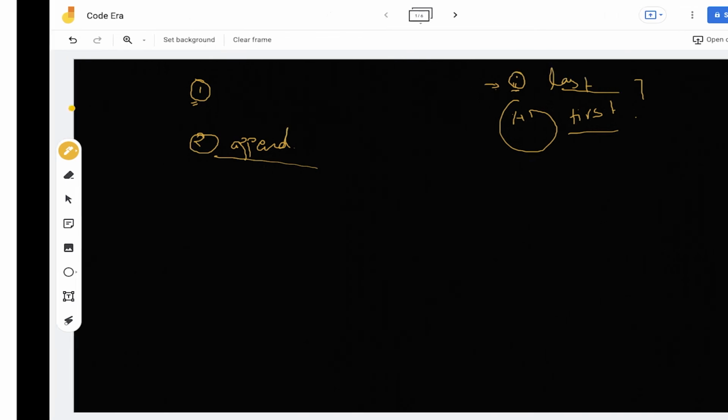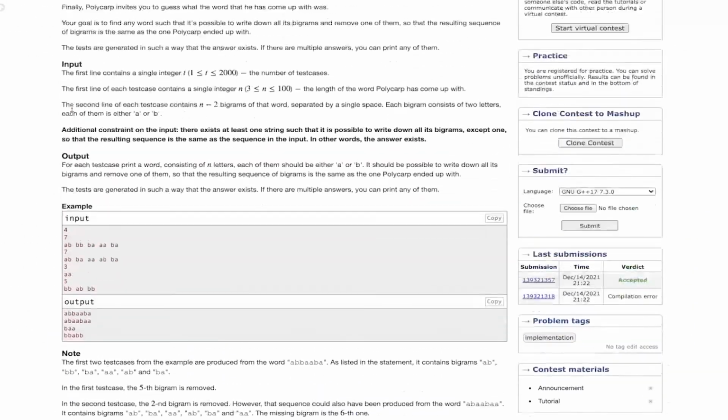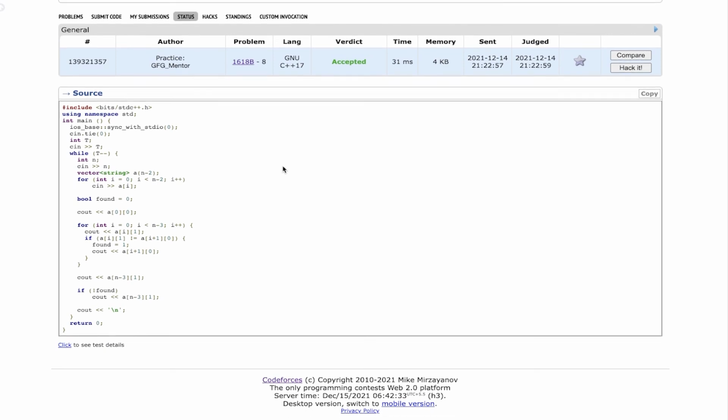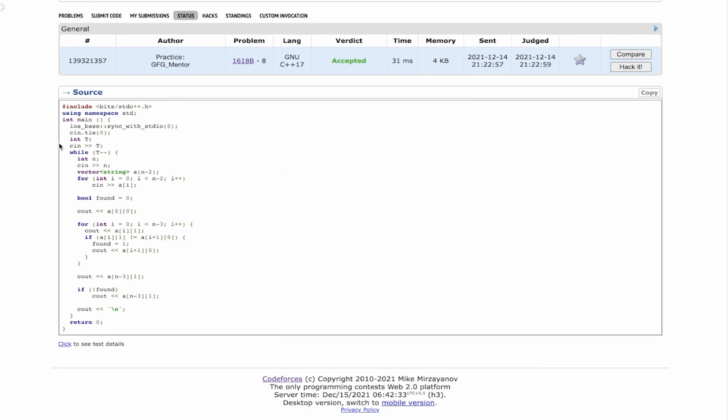Okay, now let's see the implementation part. This is basically an implementation question. Now let's see the solution part. In the solution, first I have taken the input t, and then I have iterated over all the test cases. For each test we are given the length of the word, and after that the sequence of bigrams, n minus 2 bigrams, because one bigram is missing.